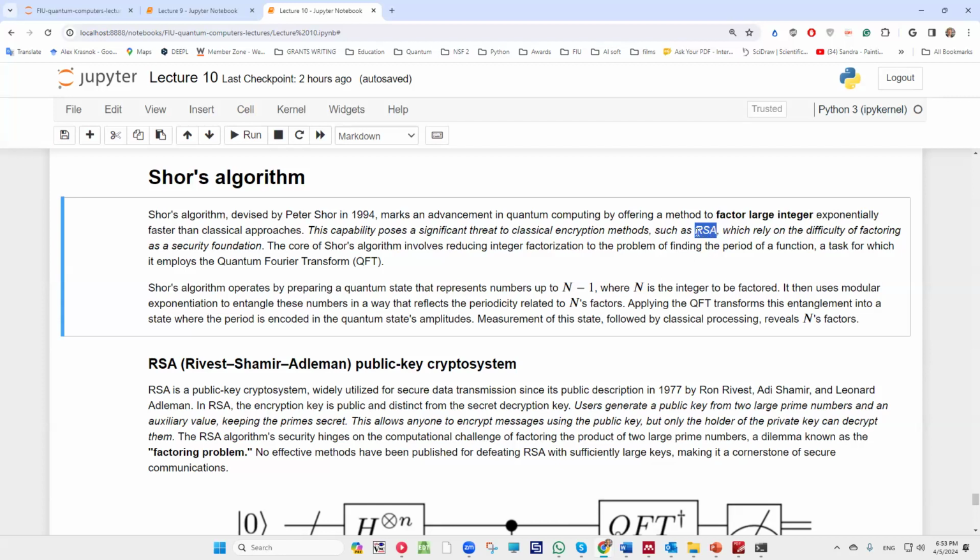Why is it so important? Because you actually use RSA encryption or other versions of this protocol every time you pay something using your credit card or debit card, or every time you transfer money from account to account. All these operations are encrypted using RSA.